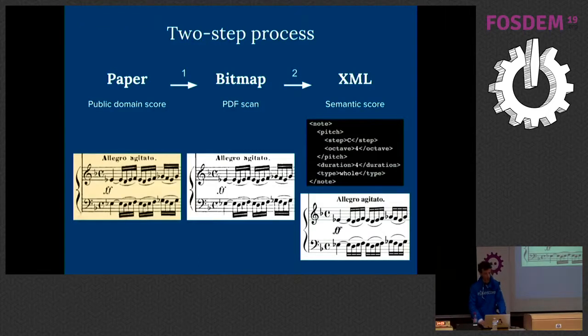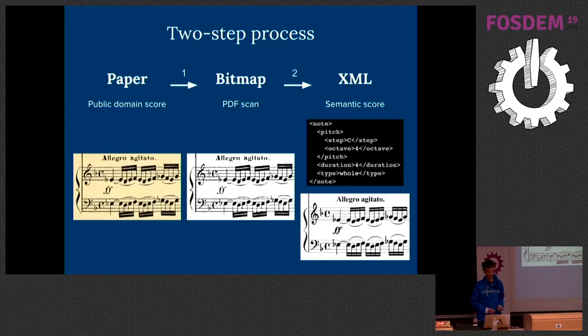So what does this involve for sheet music? We're basically taking, initially, paper scores that are in the public domain, and it's a two-step process to create open source sheet music. Firstly, you need to scan the music to create bitmaps, but then you don't want to just stop with a PDF.